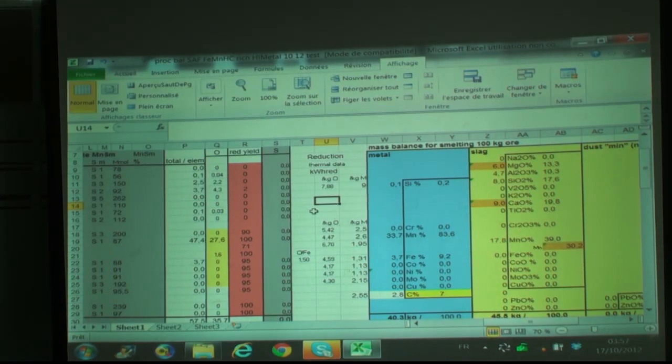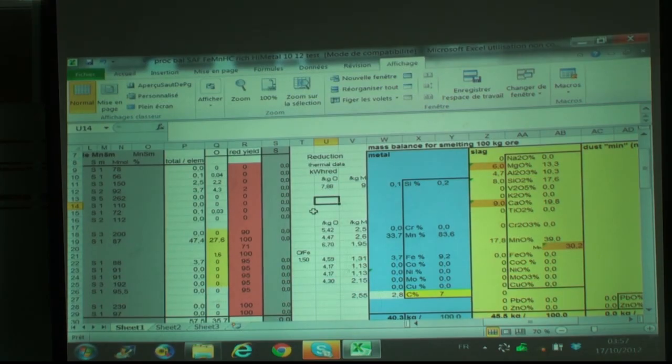You will need a bit less carbon, but as I explained to you, the CO2 will be bad, because MnO requires carbon to be reduced, while MnO2 can be reduced with CO gas. So I would say MnO2 is nearly reduced for free.